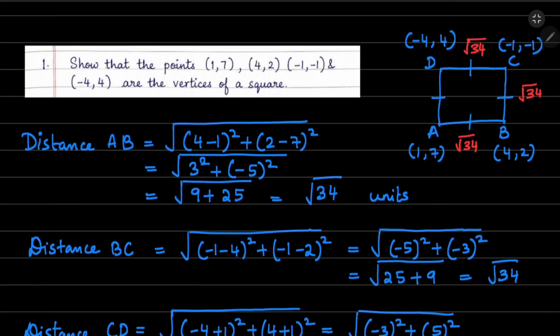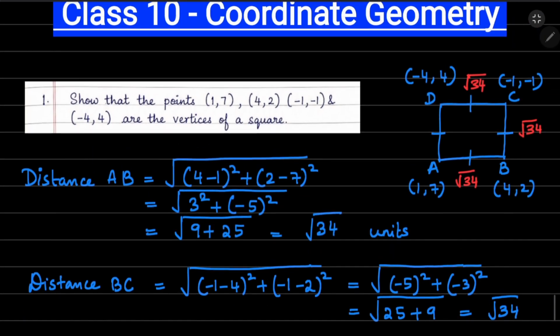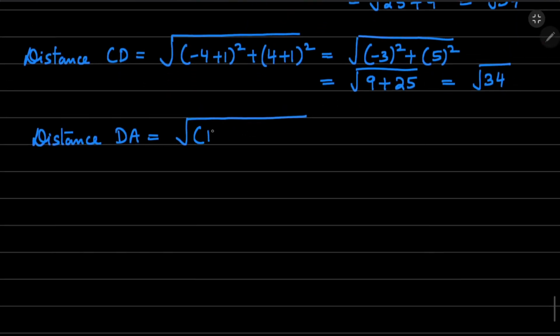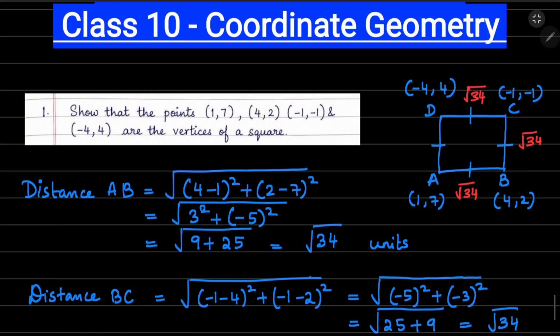Now let's calculate the distance between D and A. Equal to square root of, the same way, x2 minus x1. So 1 minus of minus 4, so 1 plus 4 the whole square, plus y2 minus y1, 7 minus 4 the whole square.